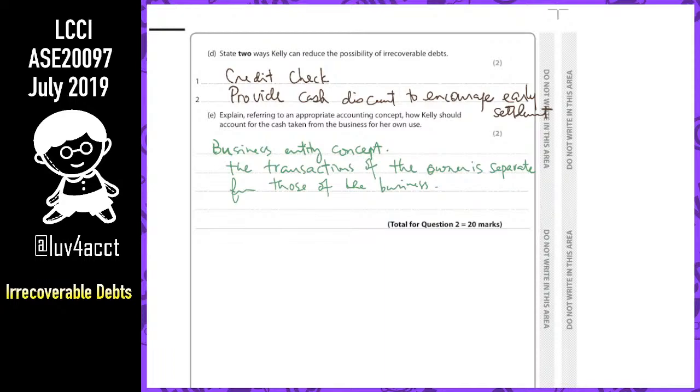And these expenditures should be entered into the drawings account, which would be a reduction of capital afterwards. 2 marks only. Question 2 finished.